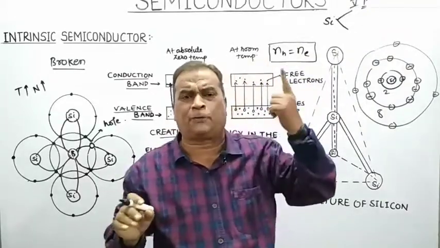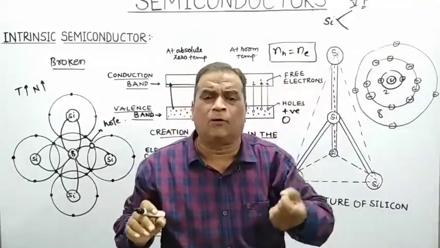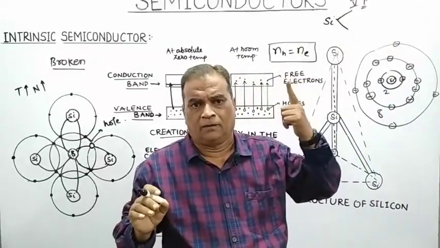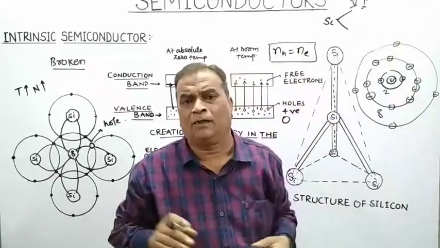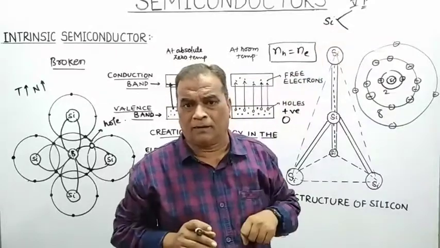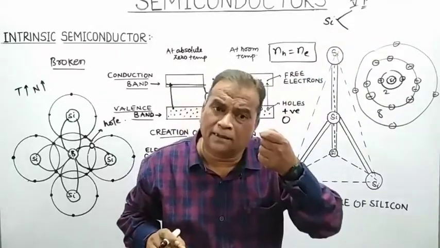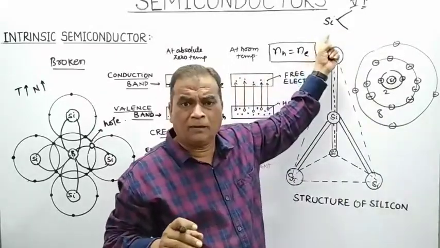So every phosphorus atom will donate one free electron to silicon.